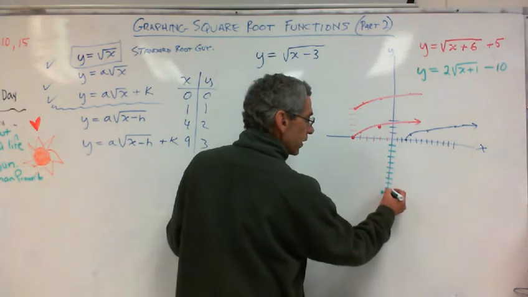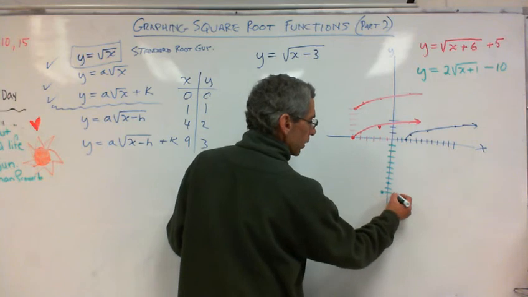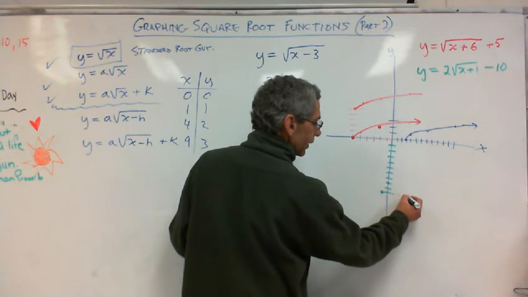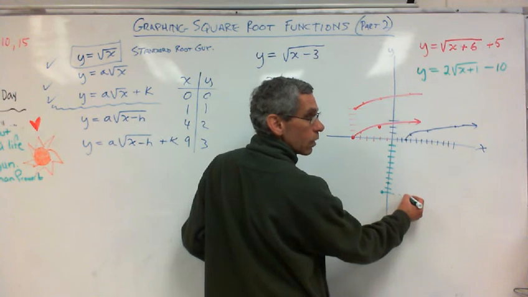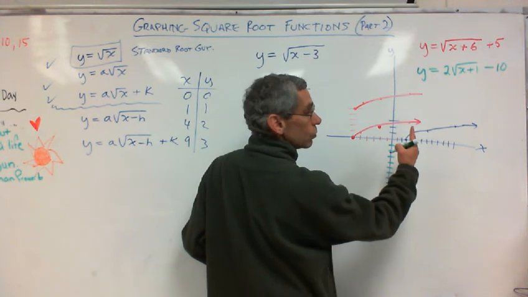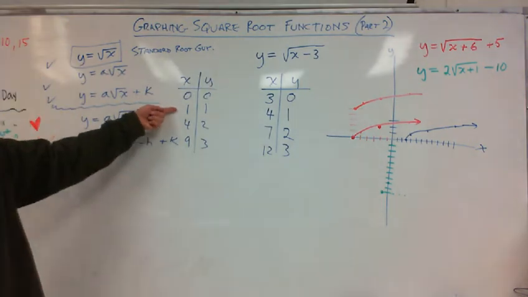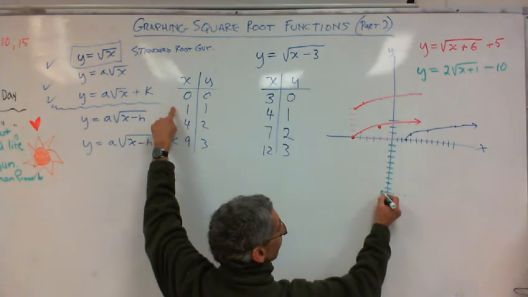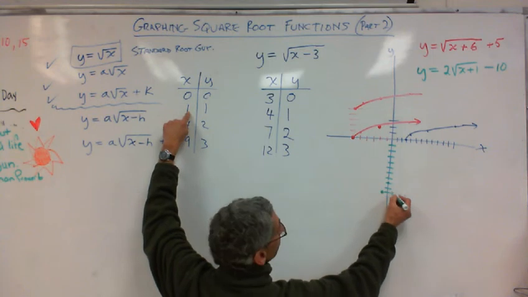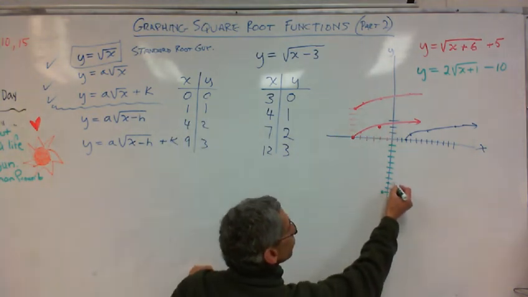Over 1, up 1 times 2, up 2. Over 4, up 2 times 2, which is 4, right? You with me? Okay, sorry. All right, let's do this slower. From here, I go over 1, up 1 times the 2. So I got to go up 2. Over 1, up 2, right there.